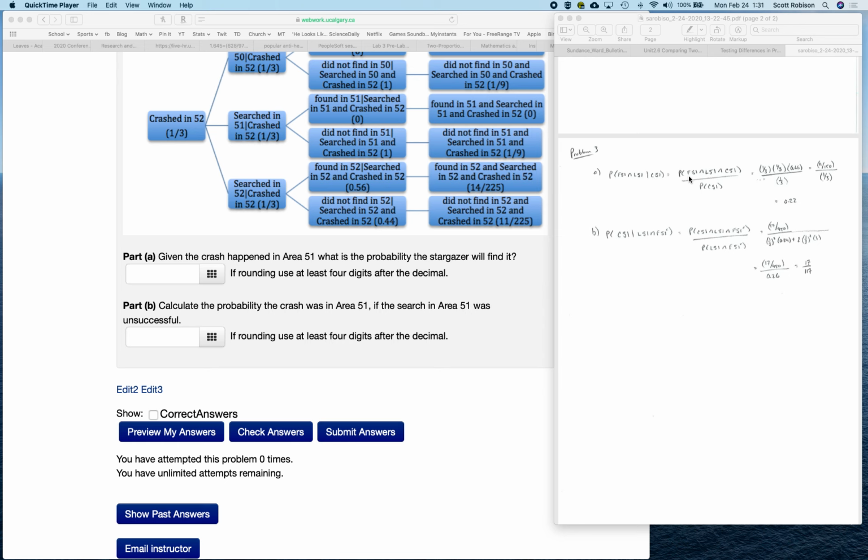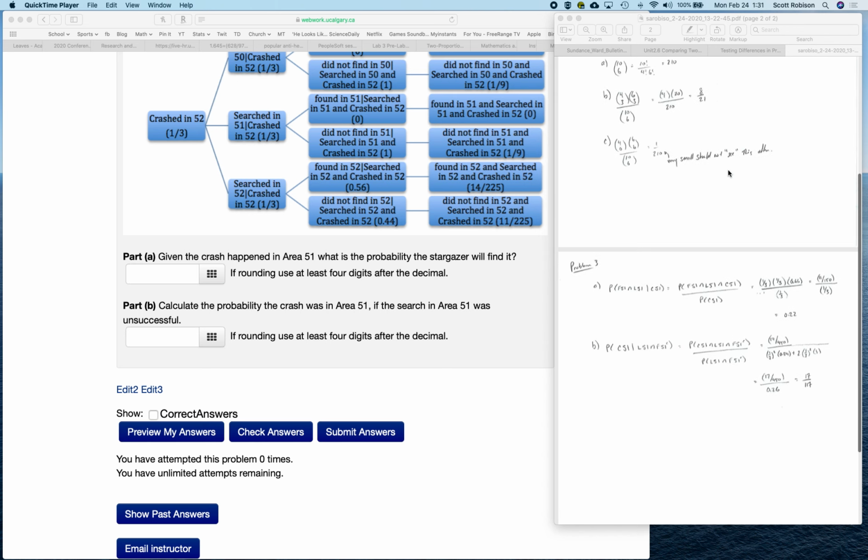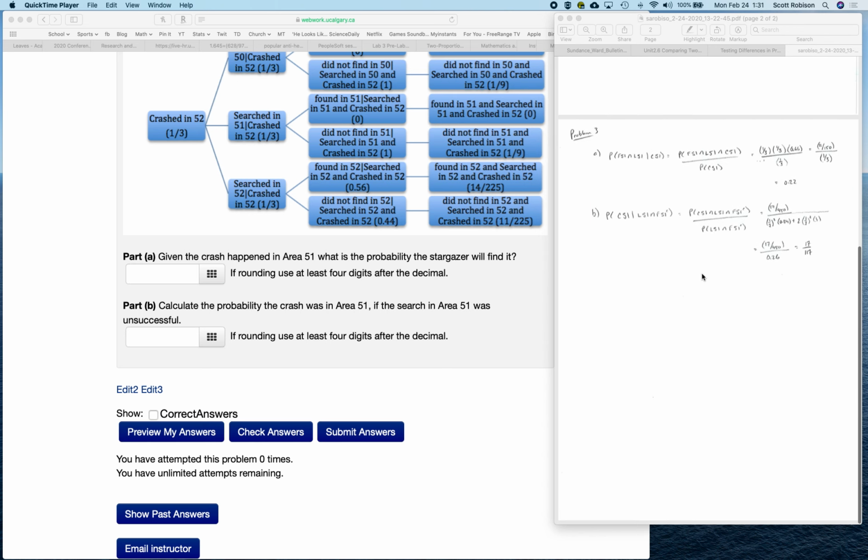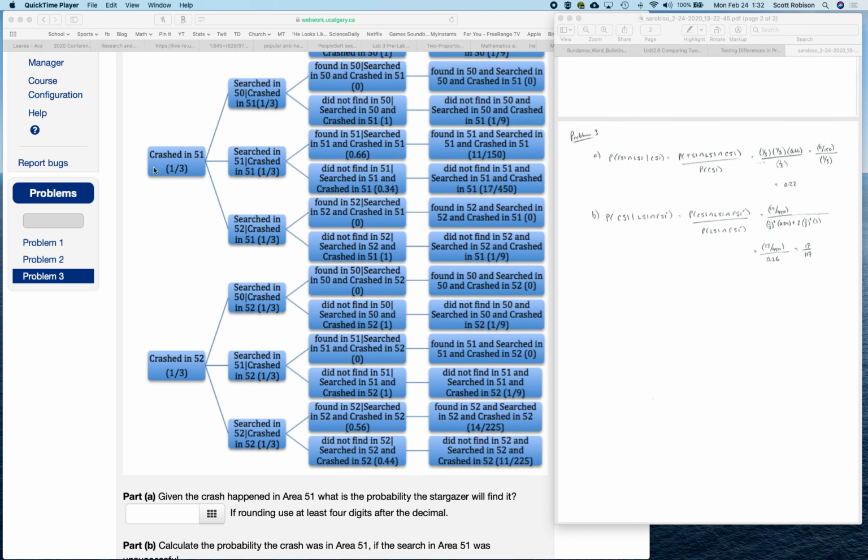So in the numerator, I've got the probability of finding it in 51 and looking in 51 and it crashing in 51. Let me just go to the part of the tree where that is. Given that it crashed in 51 and you looked in 51, and then you found it, it's this times this, which will equal 11 out of 150.